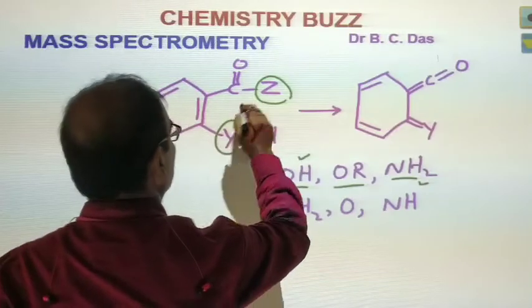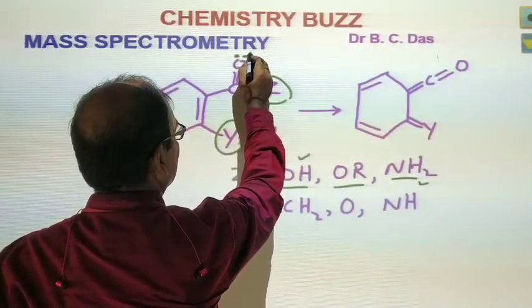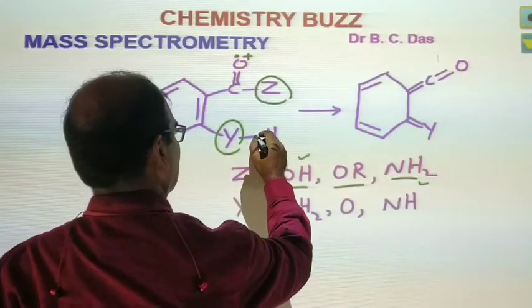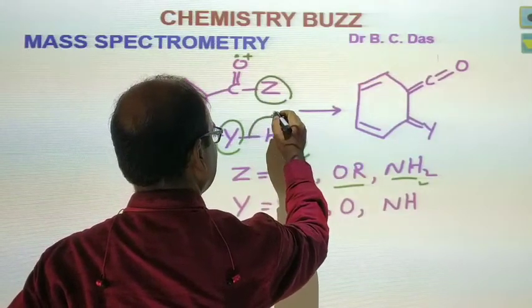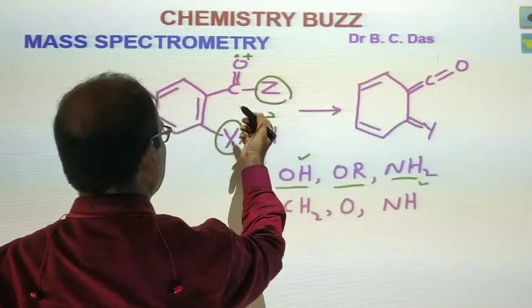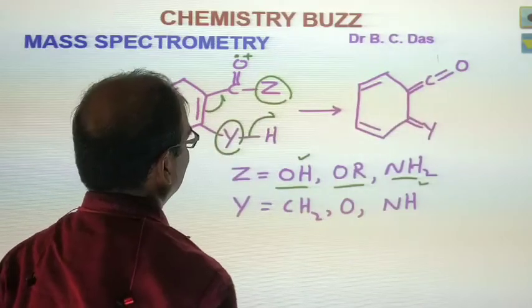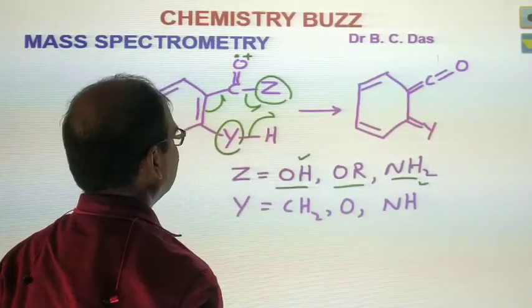So the ionization occurs here. Then this bond polarizes in this direction, this bond polarizes in this direction, and this bond polarizes in this direction.